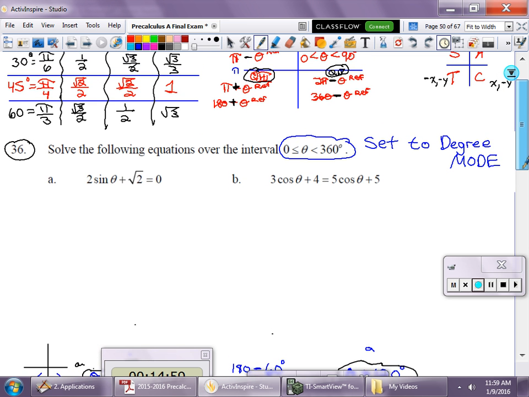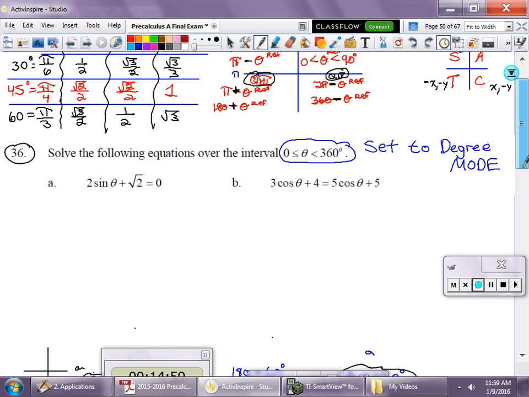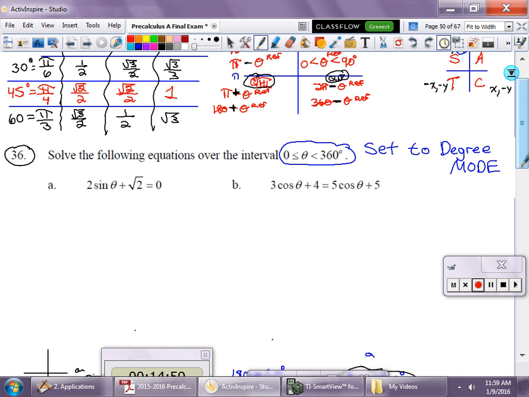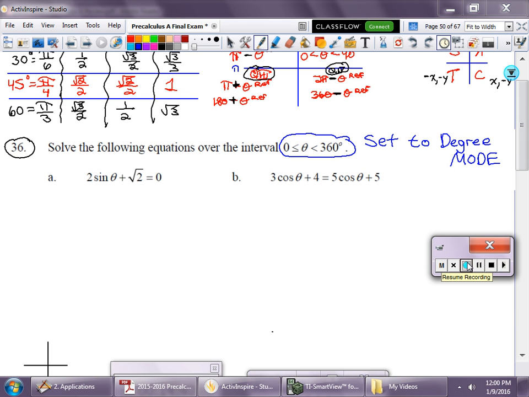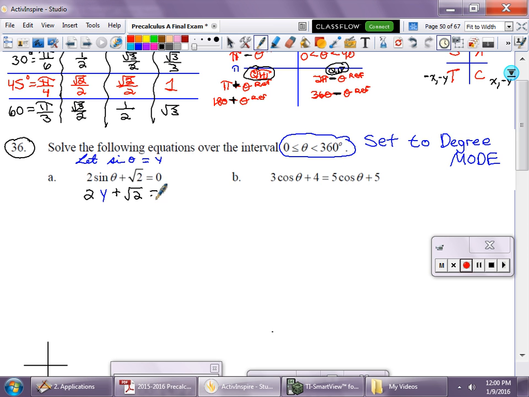Here we go. We're going to solve equations. I think I did a little work down at the bottom, which I'm going to hide. Okay, so we're going to make this problem a little easier. We're going to write a let statement and let sine of theta equal y. Substitute, and this is called making a simpler problem so that our focus can be simply on solving for y, and then we'll go back to theta at the end.